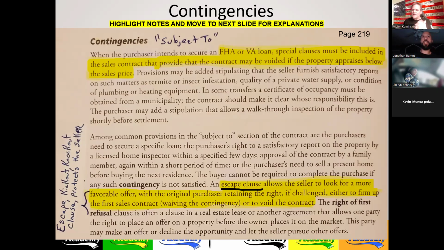So we could cancel the contract with you and not be in breach of contract, so we could accept the other offer. That's what an escape clause is and how it protects the seller. Okay. But that buyer has the first right of refusal. So they have to go back to the buyer first and say, are you ready to remove that as a contingency? No? Well, then we're moving on to the next offer.